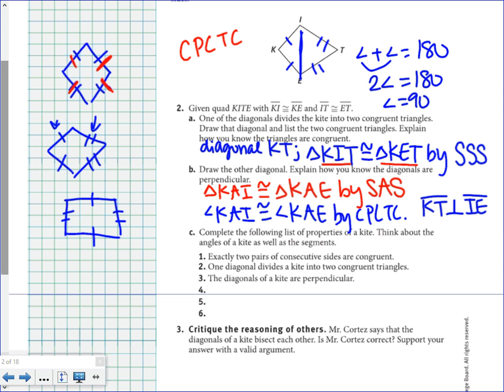And so both of those pairs of triangles are going to be isosceles. And that's going to happen every time. So the other diagonal divides the kite into 2 isosceles triangles.